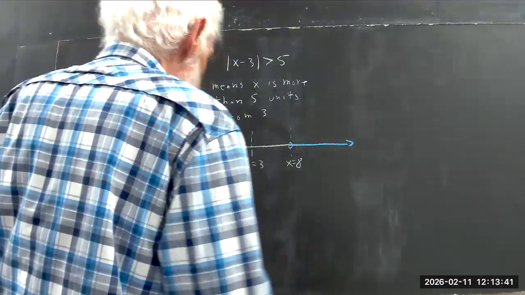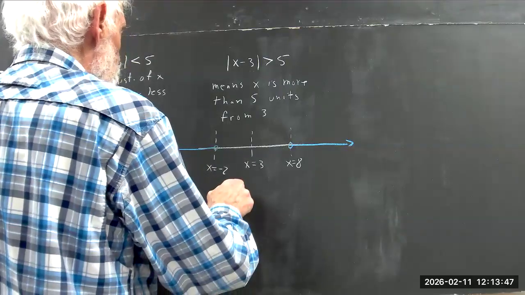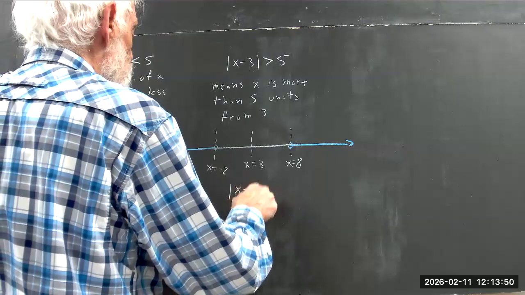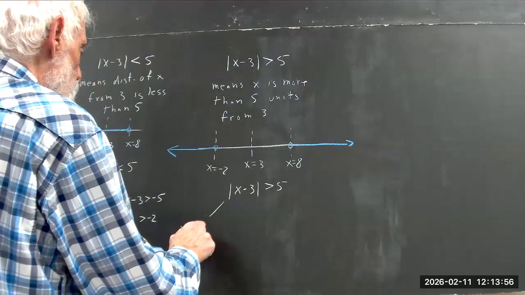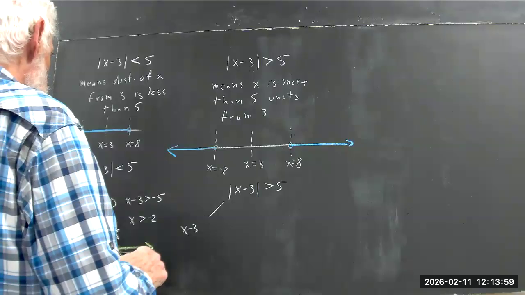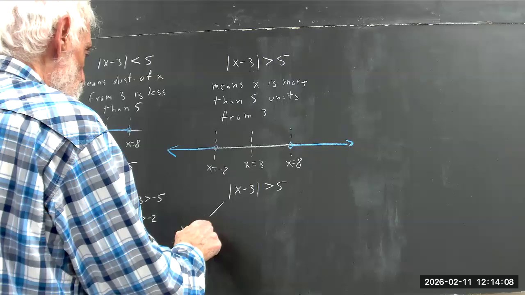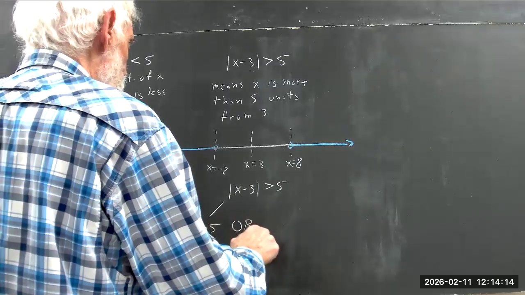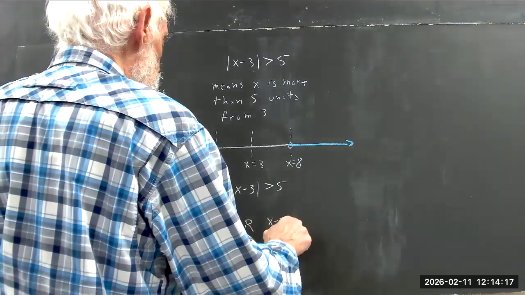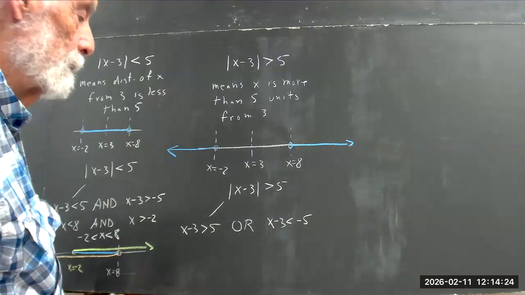So the way we write the solution of absolute value of x minus 3 greater than 5 is x minus 3 is greater than 5, or x minus 3 is less than negative 5.